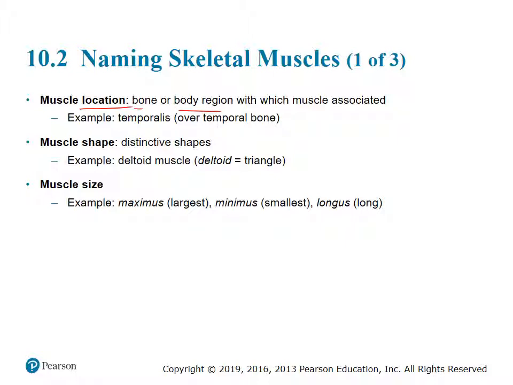For example, when we talk about the temporalis muscle, the temporalis muscle is named the temporalis muscle because it's located over the temporal bone, which is basically your temple, right? So we use that word temple area. Side of your head, right? Temple.